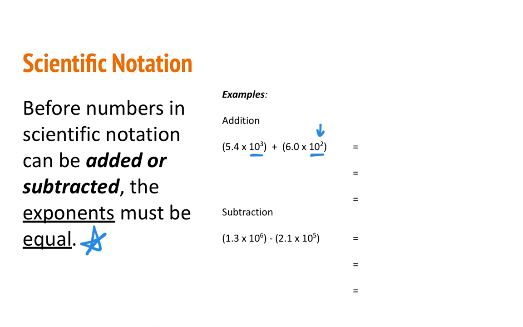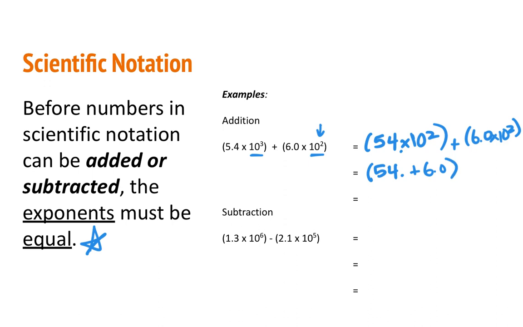So I would rewrite this as 54 times 10 to the second plus 6 times 10 to the second. Now I can remove both of the significands and just add them. So it would become 54 plus 6.0.